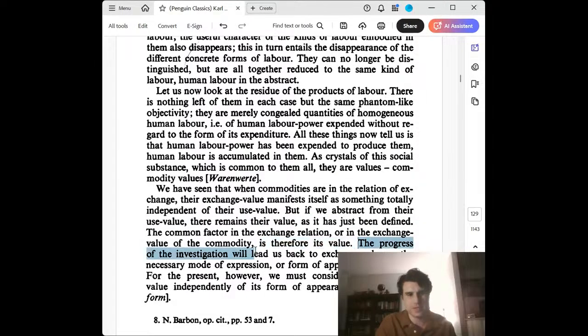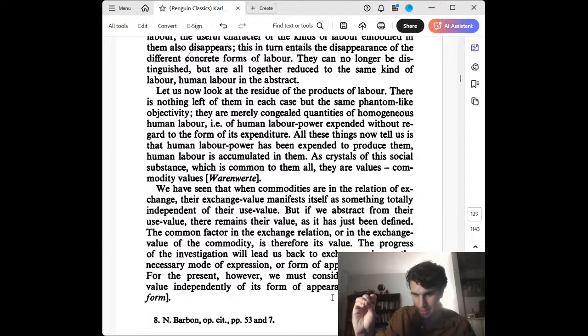The progress of investigation will lead us back to exchange value as the necessary mode of expression or form of appearance of value. For the present, however, we must consider the nature of value independently of its form of appearance, its Erscheinungsform. Remember, appearance is how things have to make an appearance to show themselves. Value is the substance that is expressed in exchange value.